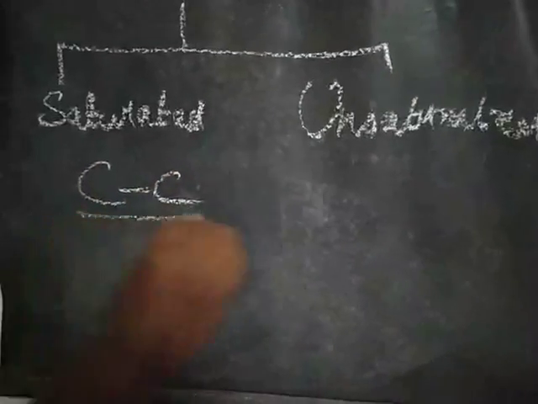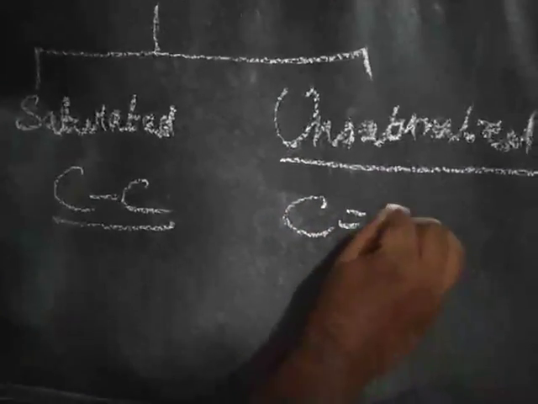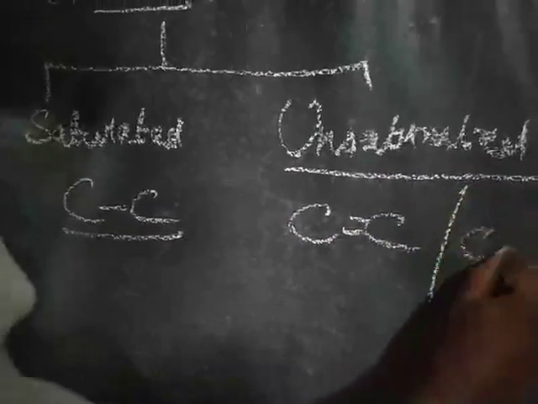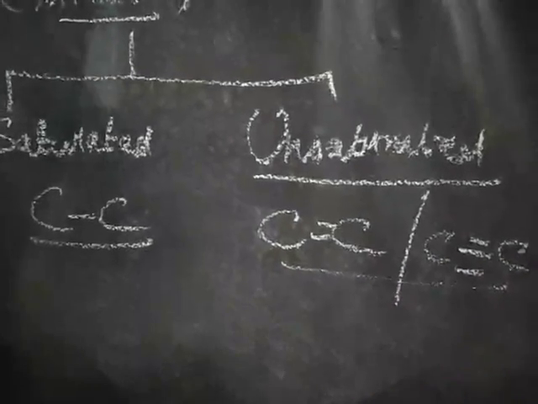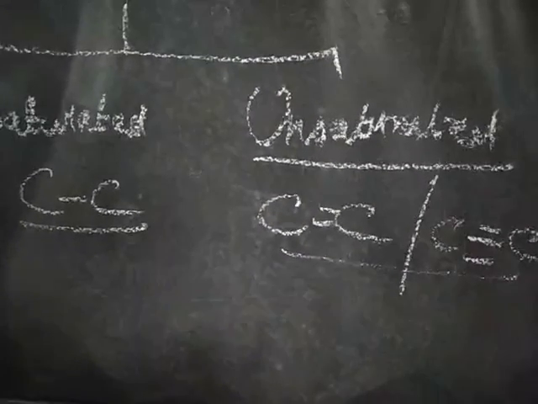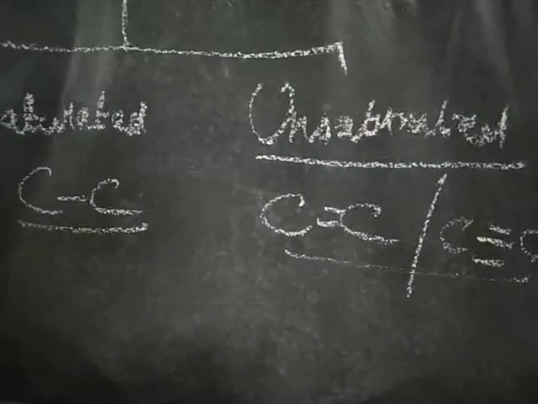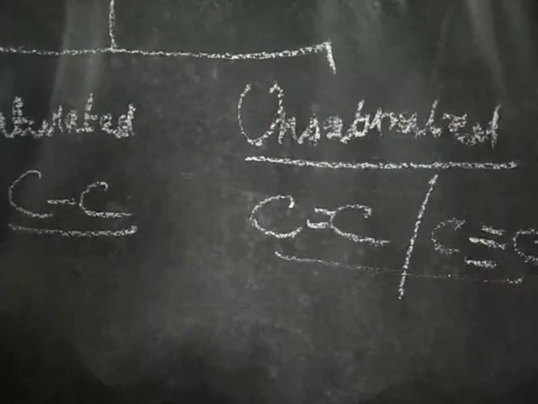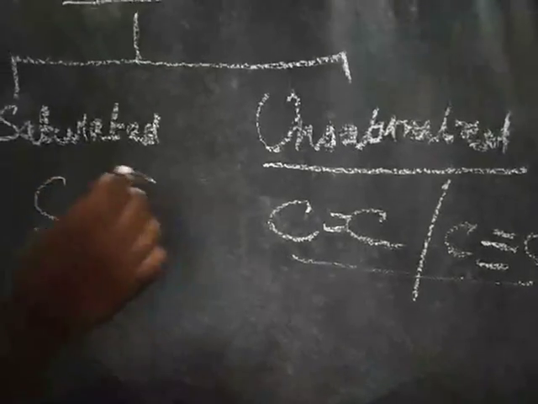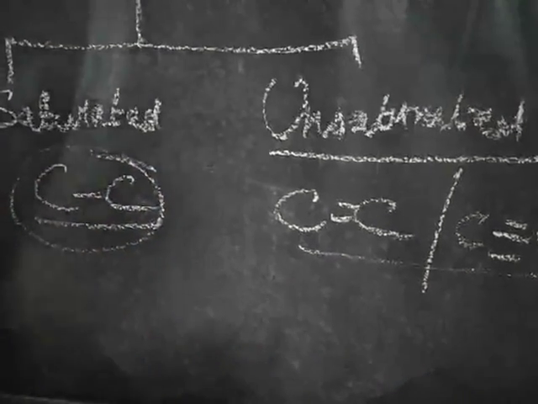Carbon single bond, that is called saturated. What is meant by unsaturated? Carbon double bond or carbon triple bond. So again the acyclic or open chain compound can be classified into two types based on the carbon and carbon atom linkage.